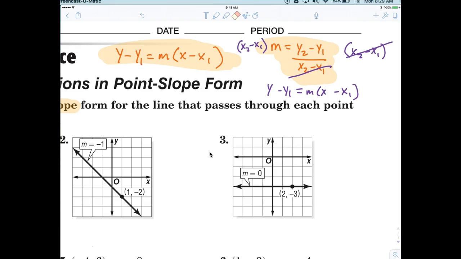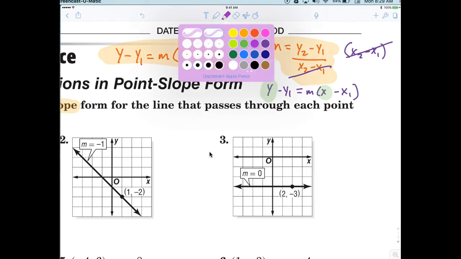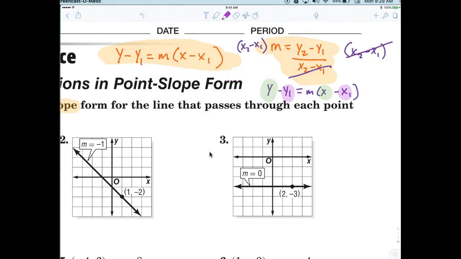Again, let me say this one last time, just to make sure you're hearing me. The x and y are the points that are on the graph. That's what makes up the line. This x and this y right here, that's the point that the line goes through.